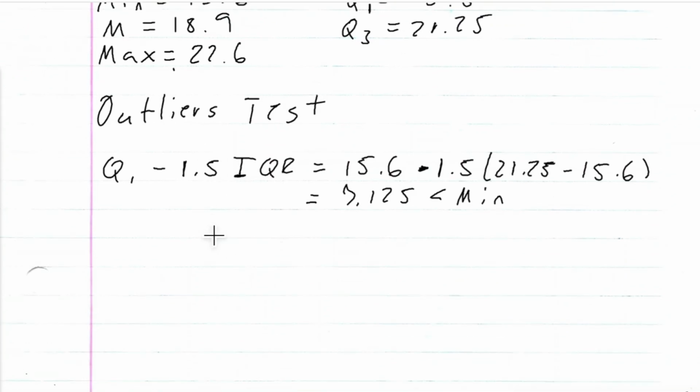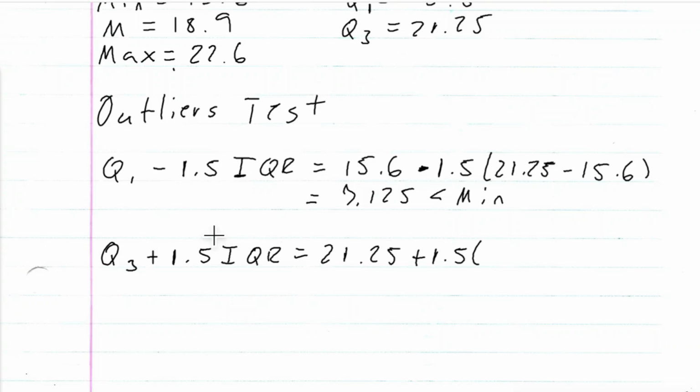Now let's check if there are any outliers to the right of the data. So that's quartile 3 plus 1.5 times IQR. Quartile 3 was 21.25 plus 1.5 times the IQR, which is 21.25 minus 15.6.